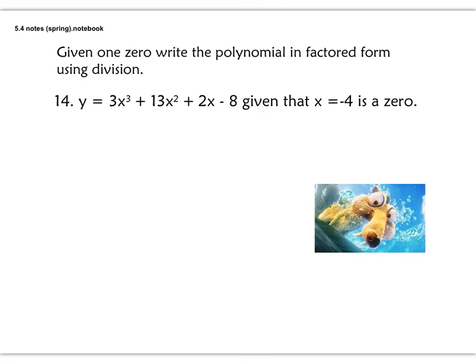All right, so next one here. Given 1, 0, write the polynomial in factored form using division. So in this case, instead of giving us a factor, they gave us a 0, or they gave us an answer.